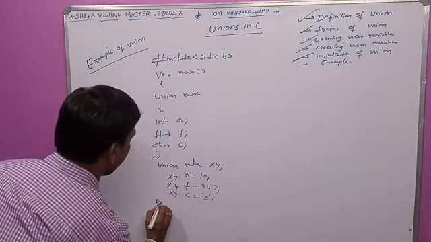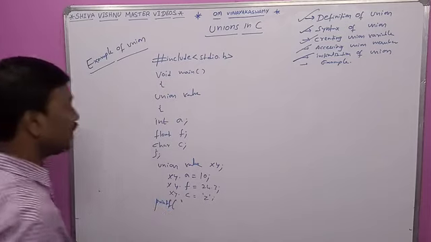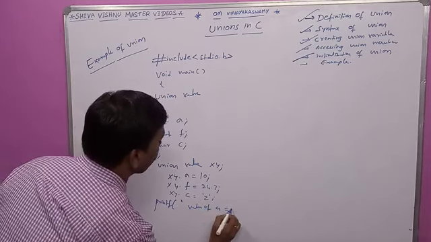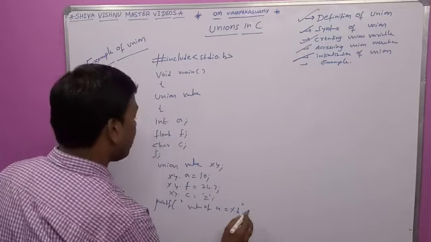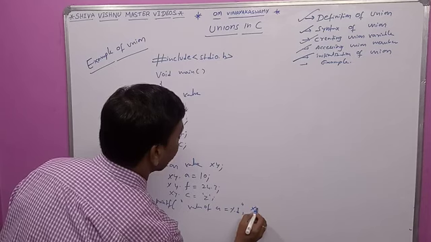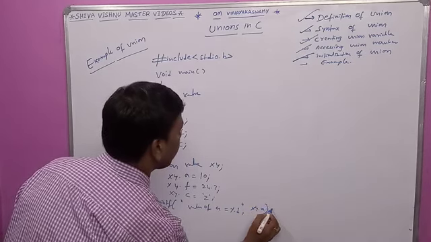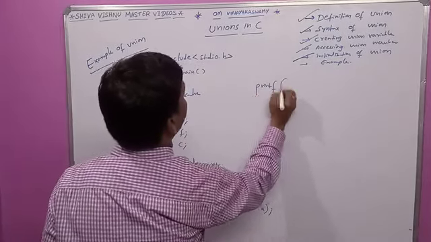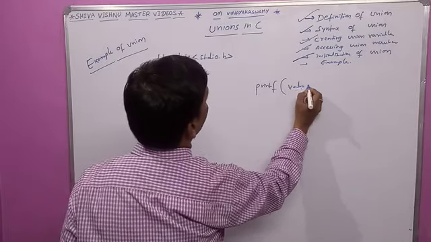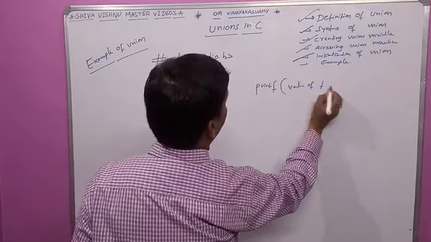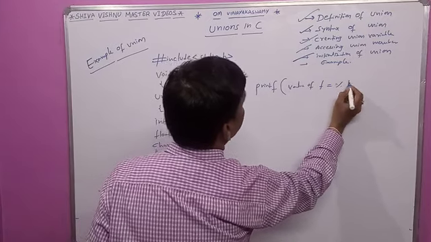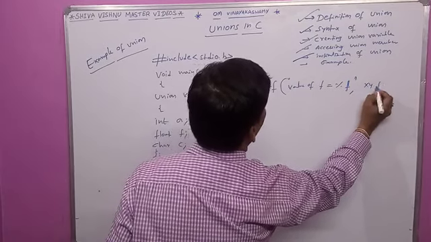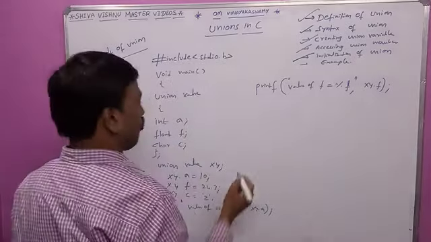Now you can see the printf. Value of a equals percentage d, quotation, comma. Here you can see we are accessing xy dot a. Next printf, the value of f, percentage f, quotation close, with the xy variable and union member, semicolon.